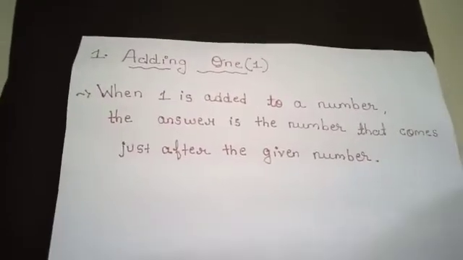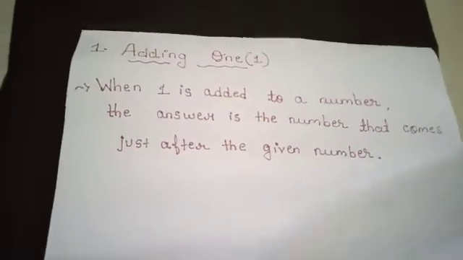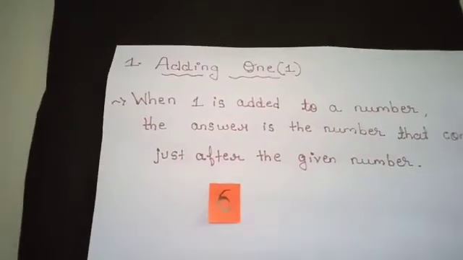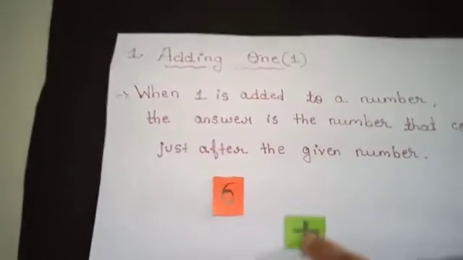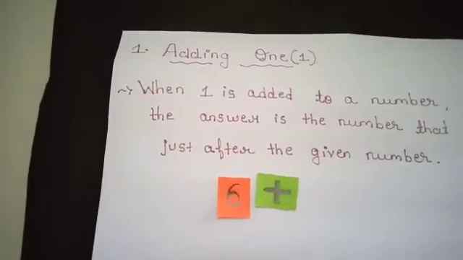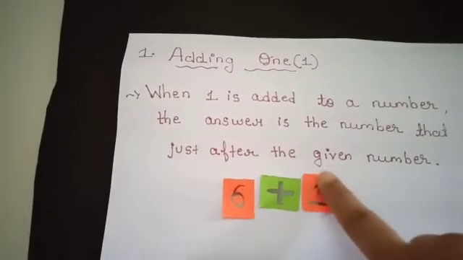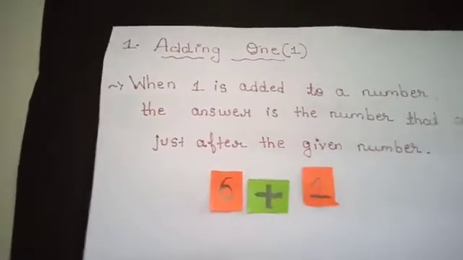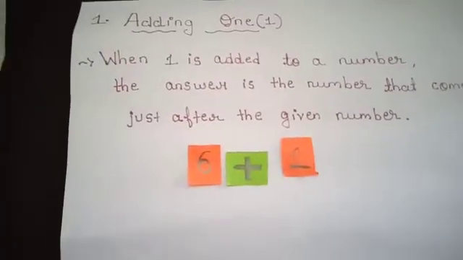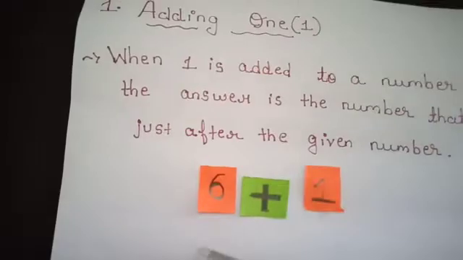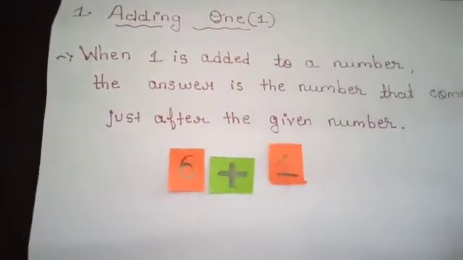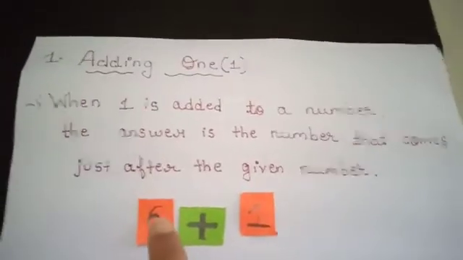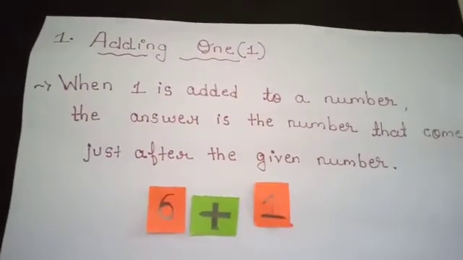Let us understand this through an example. For example, I have a number 6 and I want to add 1 more to it. As per the property, when 1 is added to a number, here 1 is added to which number? 6. So what is the answer?